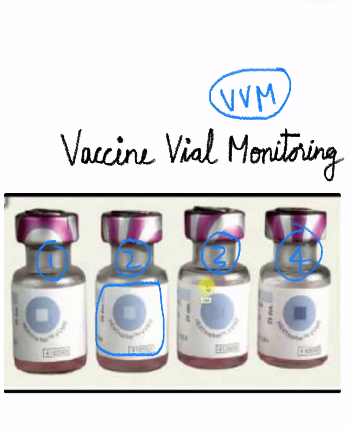In vaccine vial monitoring, the chemicals are present at the outer circle and inner square, and this should be read before administering the vaccine. When the inner square color is lighter than the outer circle, it is categorized under 1 and this type of vaccine can be used.